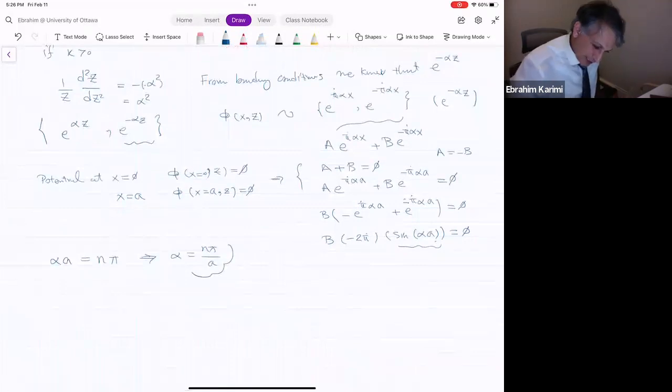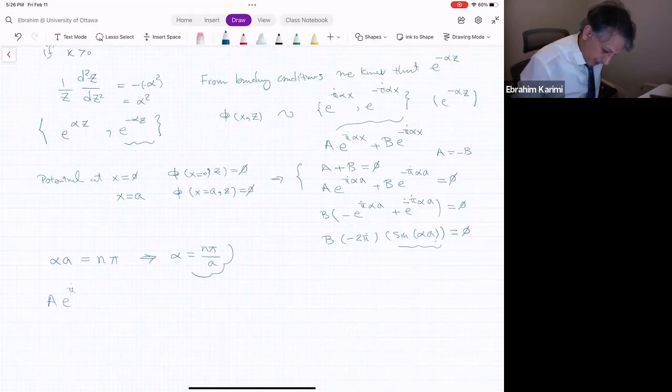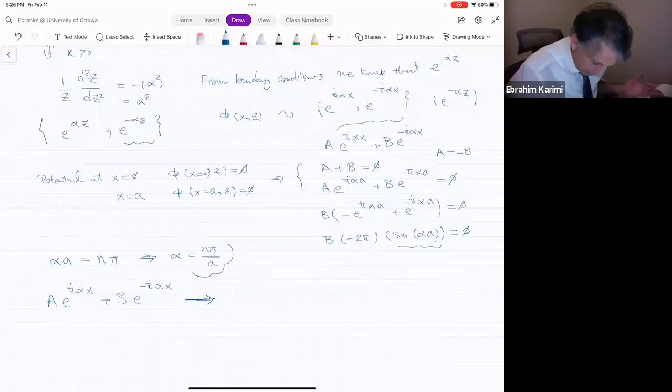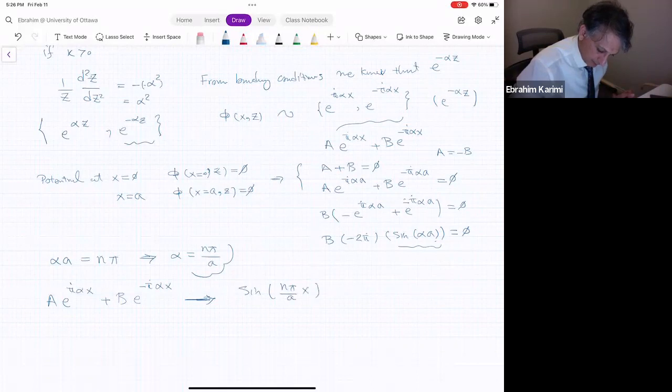Anyway, so the solution that I'm expecting for x direction is a e power of i alpha x plus b e power of minus i alpha x. Then, applying the boundary condition, a will be replaced with minus b. I don't care about the constant coefficient at this stage. Then the only thing that I know is given by sine of n pi divided by a times x.